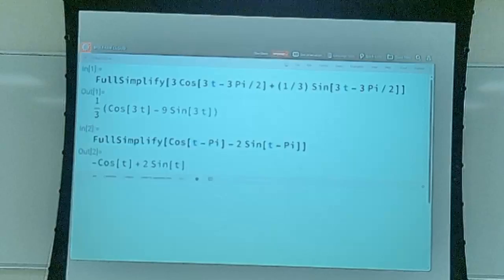I just used the full simplify command on each of them. Your calculator also does trig simplifications, I believe. Actually, I know it does. I just forget the exact command. You may actually be able to just put in cosine of t minus pi minus 2 sine of t minus pi, and it should just simplify that automatically via enter.